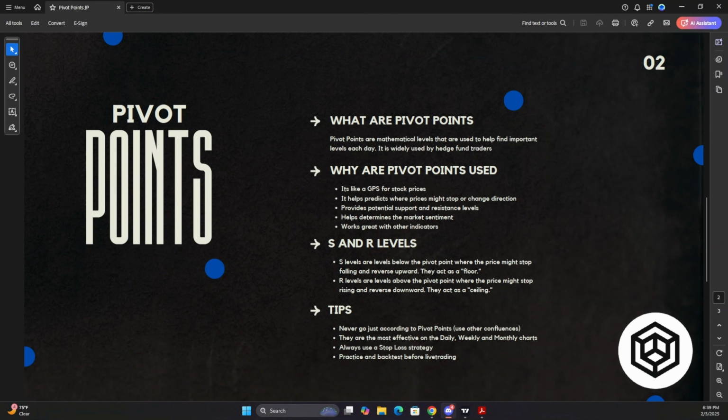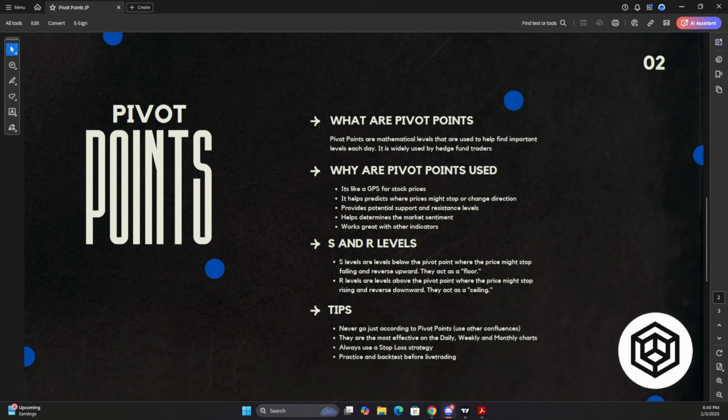So again, S levels are levels below the pivot point where price might stop falling and reverse upwards. They act like floors, right? In other words, think of it as a step ladder to the downside. Every time you're going down the ladder, you're going to hit a stop, and so on and so forth till you hit the bottom.